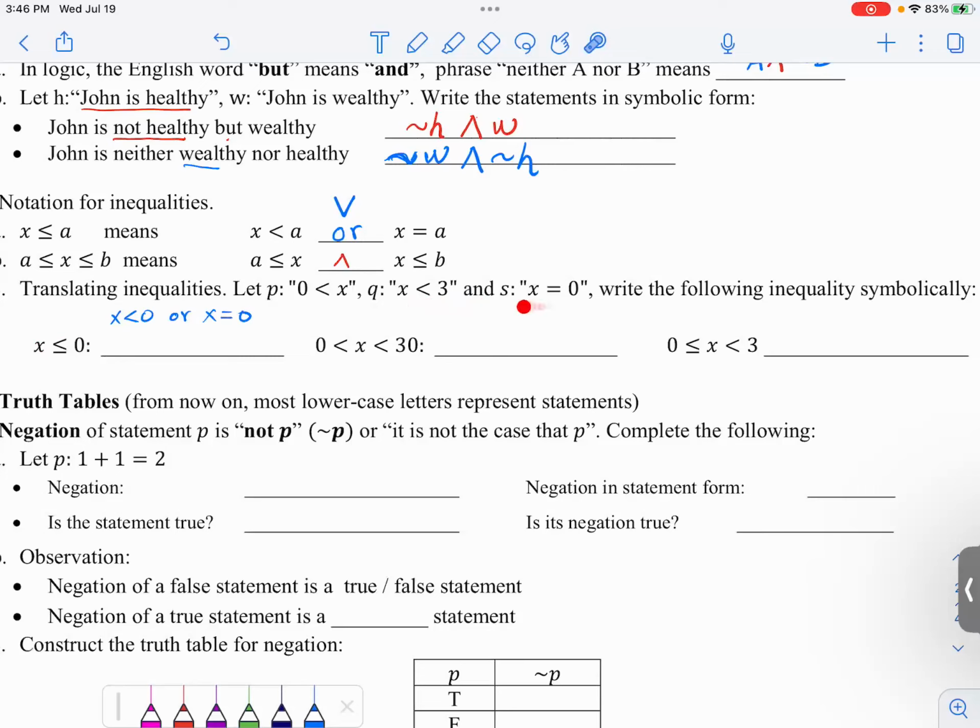And x is less than 0. Do we see any x less than 0? Well, we do see that this is x greater than 0. In this case, I may overcomplicate it.